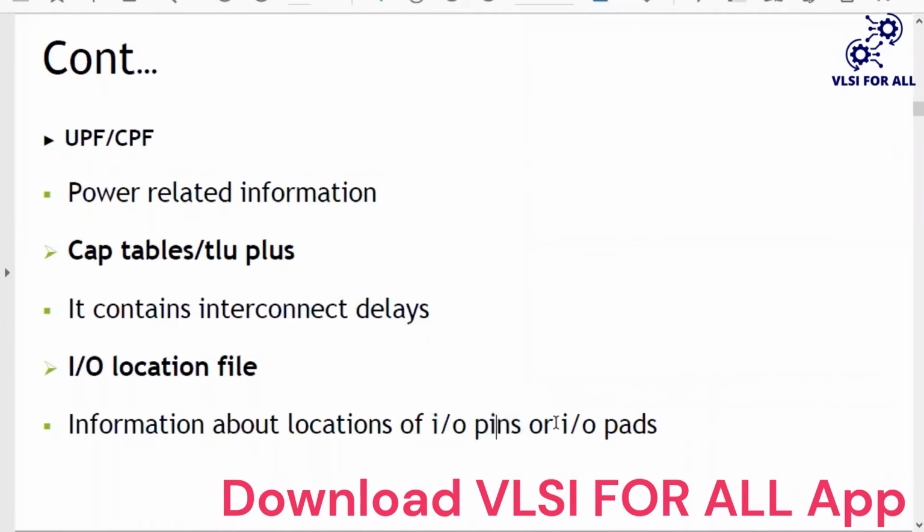Based on your partition level, we can see the input output pads. Pins and pads are different concepts, you can remember.